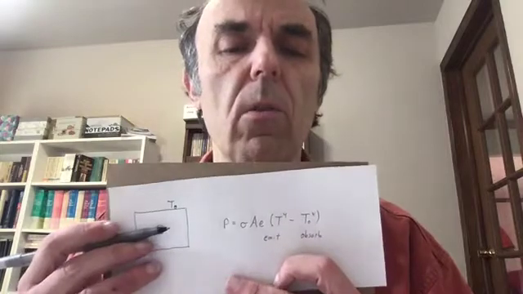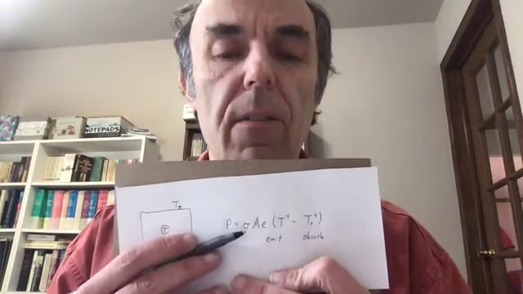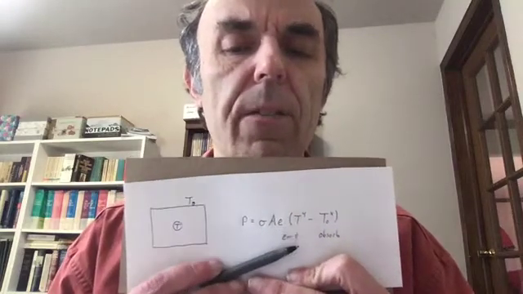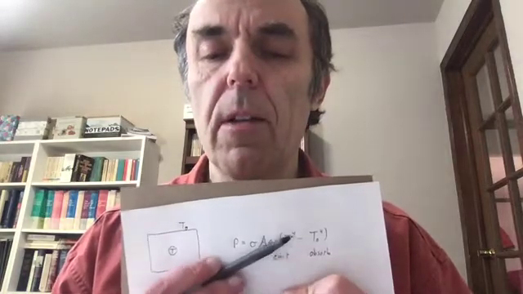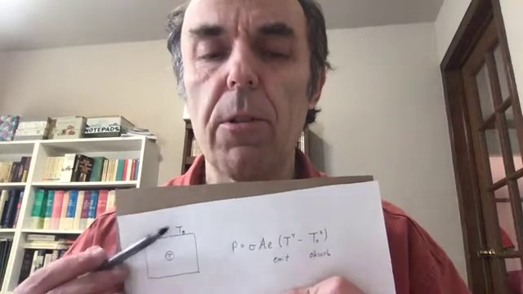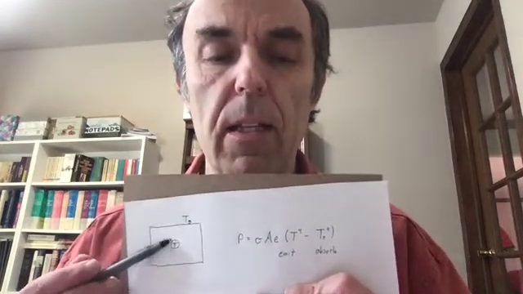So what's the total net power emitted by this object? Well, Stefan-Boltzmann constant, area, emissivity. Then you have a T to the fourth. That's from the amount of energy emitted by the hot object, minus T0 to the fourth. T0 is the temperature of the surroundings, and that's the amount that gets absorbed by this object.